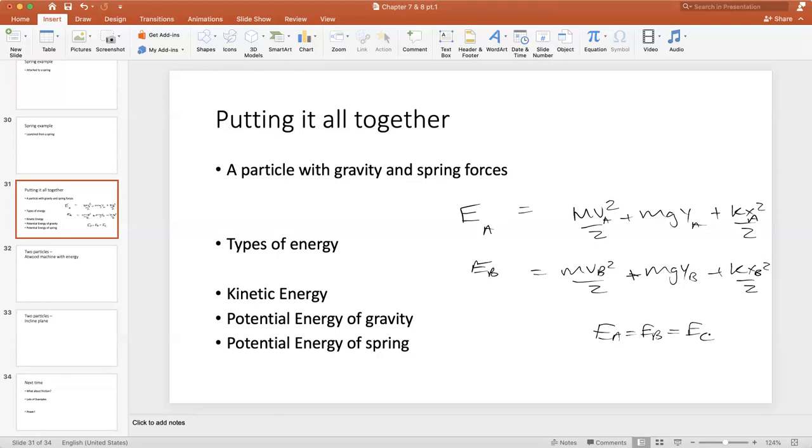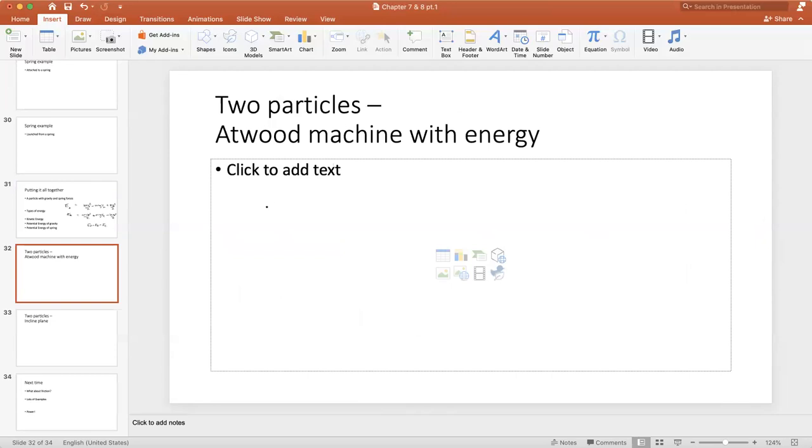So you just write the different types of energy down and set them equal to each other. Make sure you know what your variables are. We talked about the fact that you can choose y_A to be 0 or y_B to be 0, and you need to make sure that the displacement between the two is correct. So as an example of doing this, we're going to do the Atwood machine.